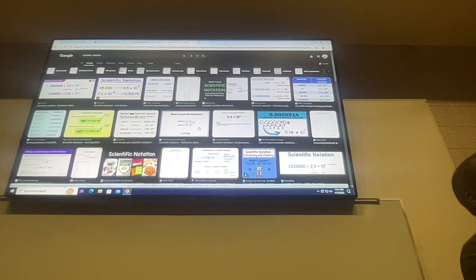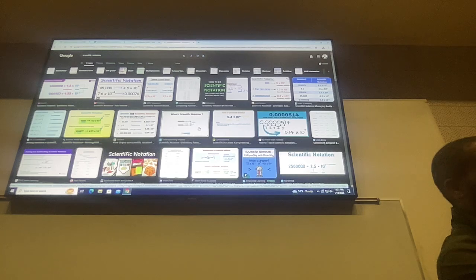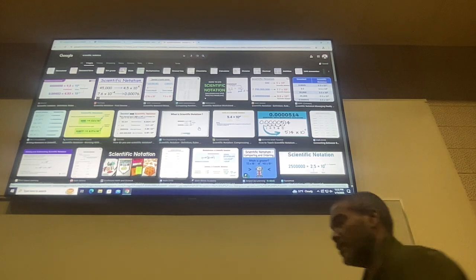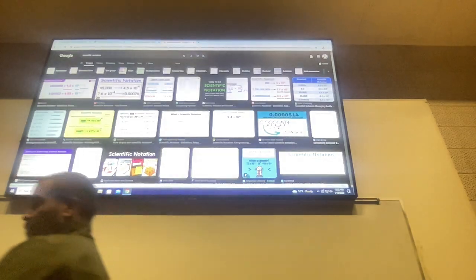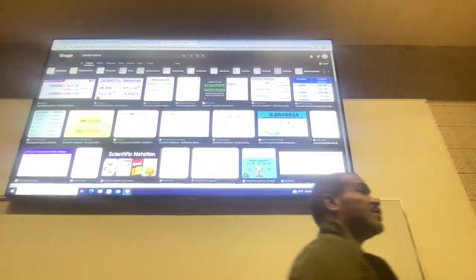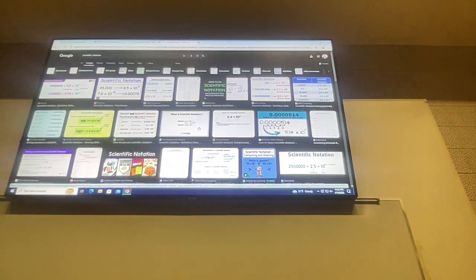We're all human beings. It's called human error, right? Some people are going to see more than 8. Some people see less than 8. So to eliminate that possibility for confusion, we write numbers in scientific notation, right?